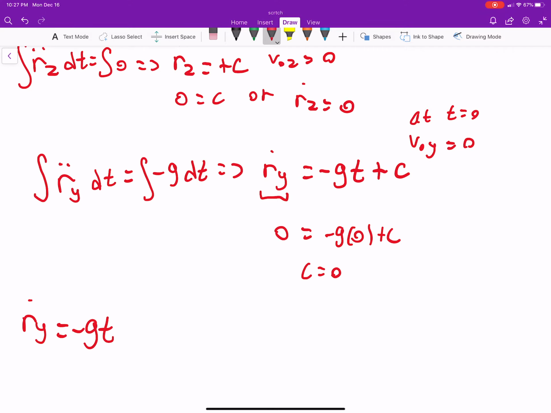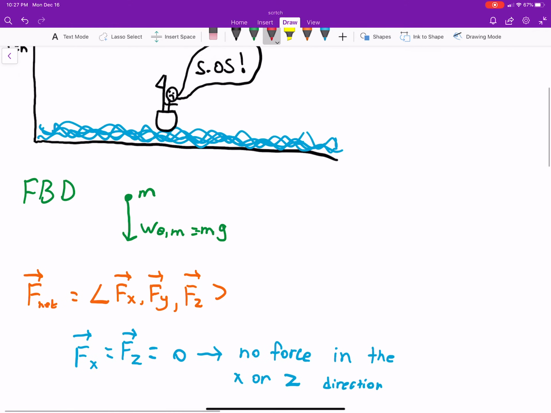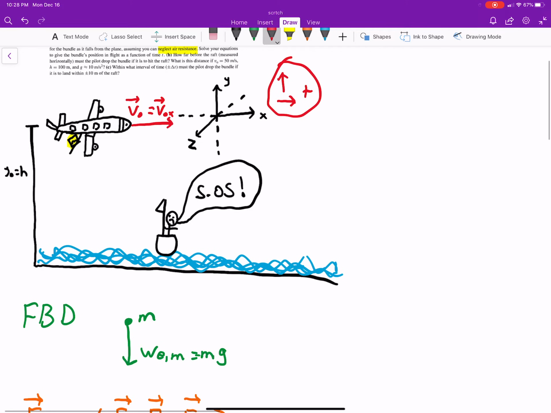Now, why is v naught y 0? So initially, the plane is moving just horizontally. So all our velocity is in the x direction. So initially for the box, that's all it's going to feel, just the velocity in the x direction.